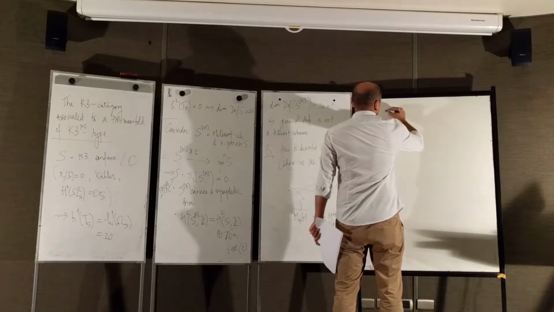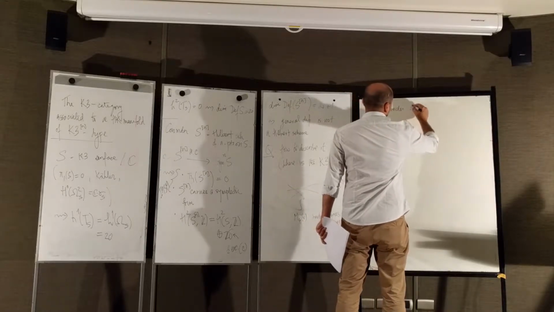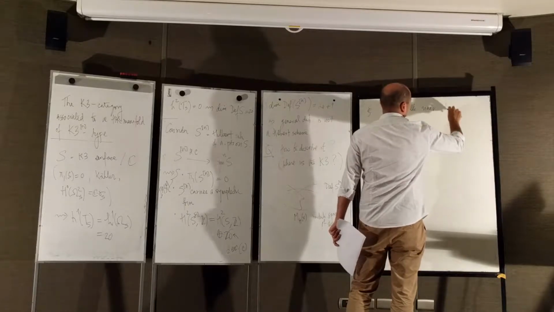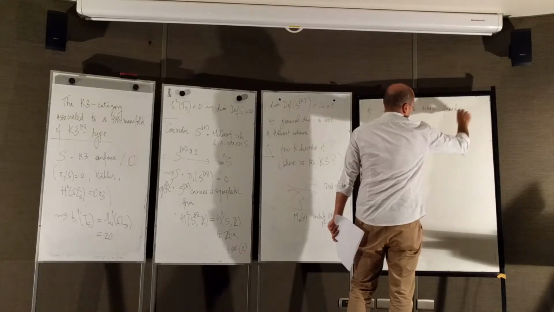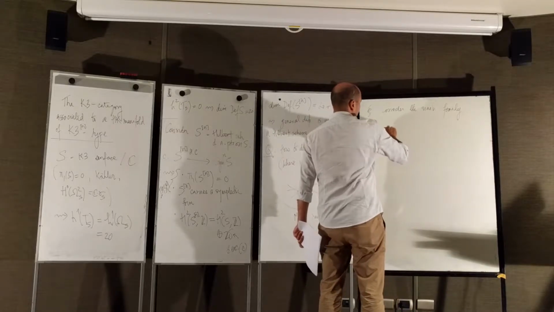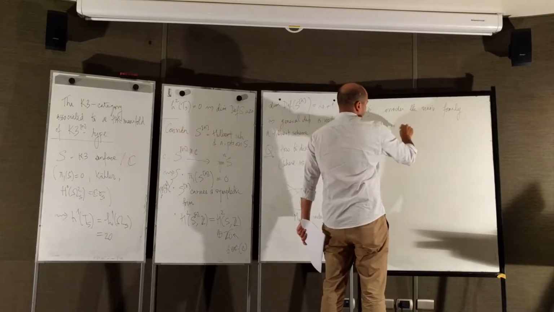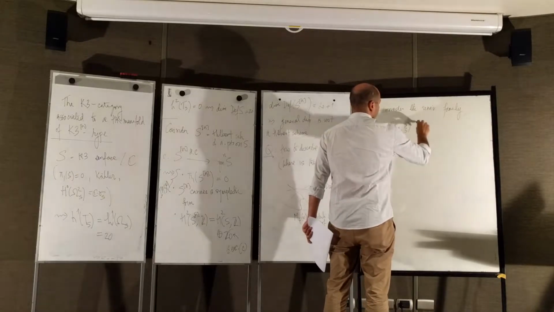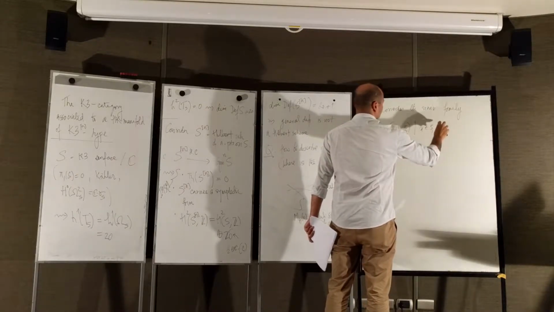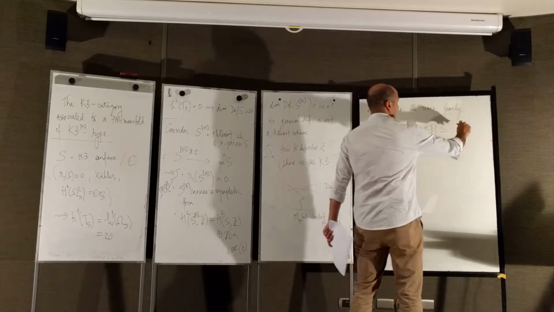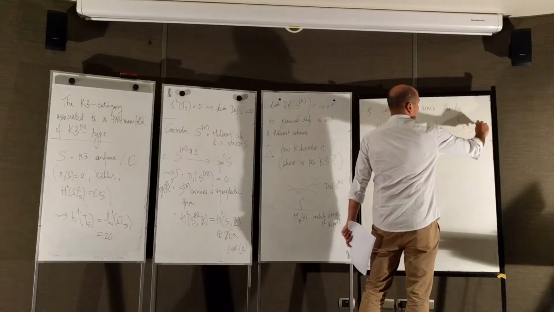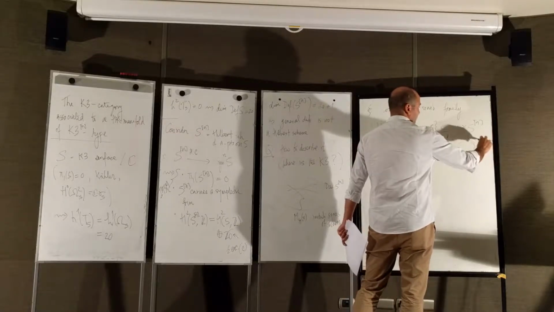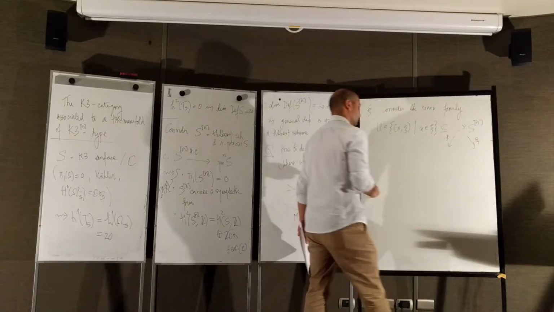So just consider, this is something very simple-minded, the universal family U, which maps to X, C, such that U is inside S times the Hilbert scheme. P, Q, these are the two projections.